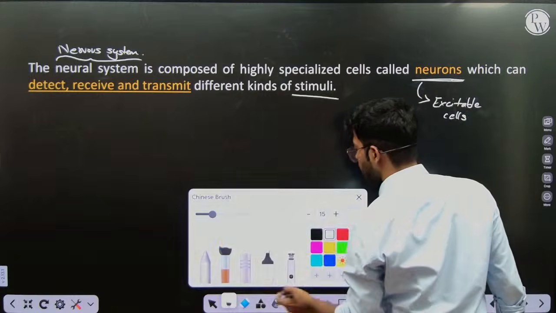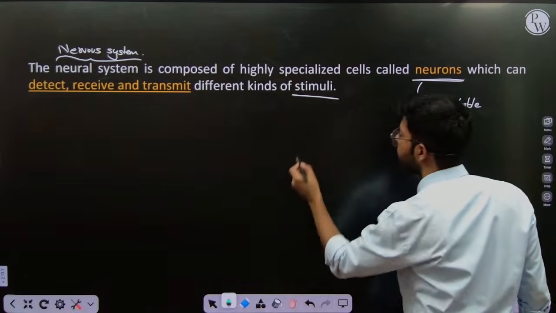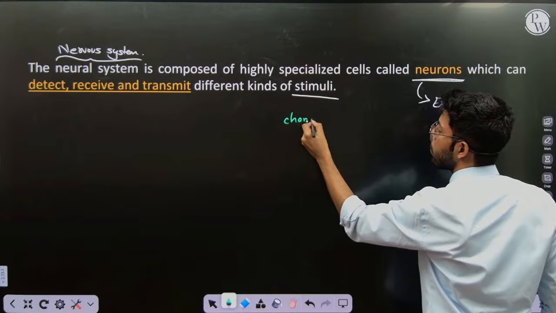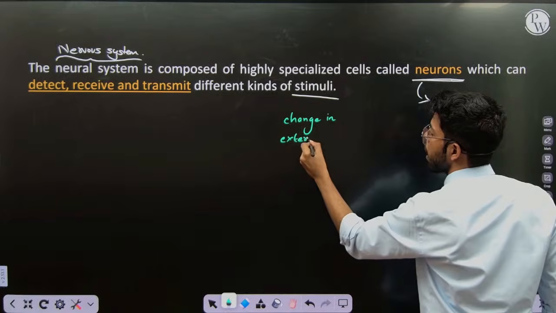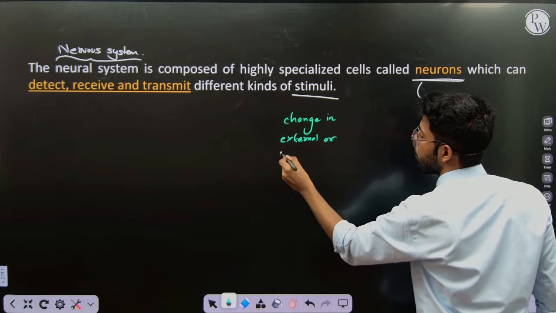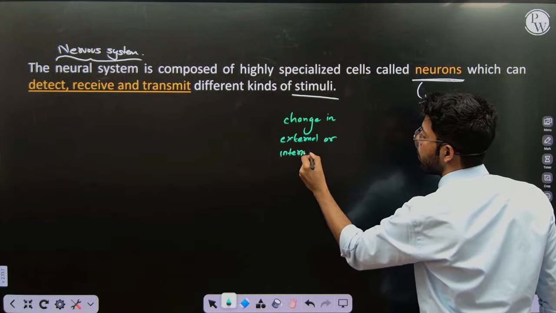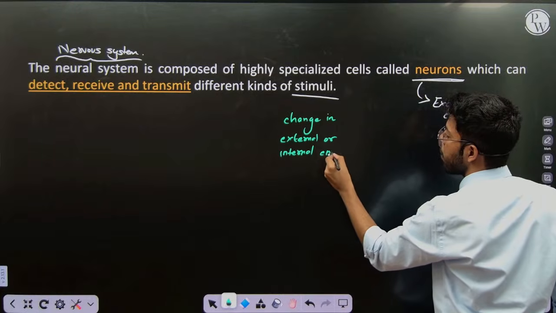A stimulus is a change in the external or internal environment.